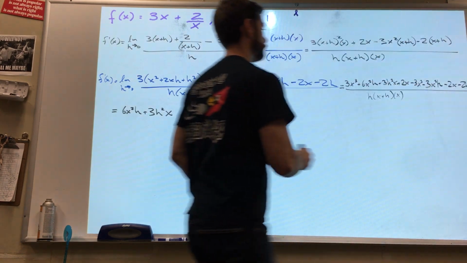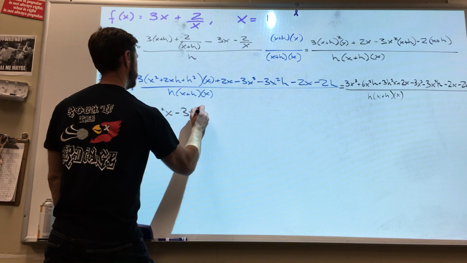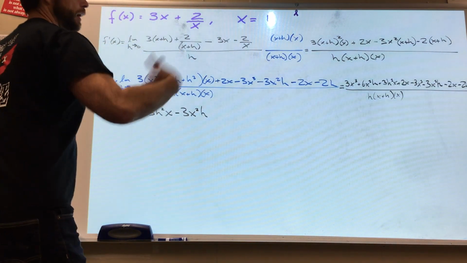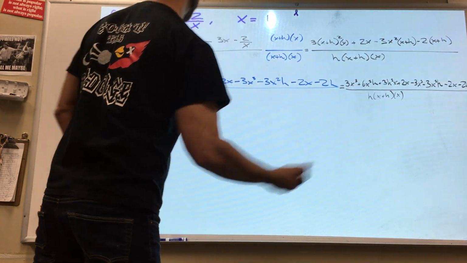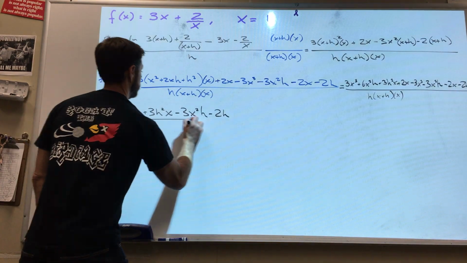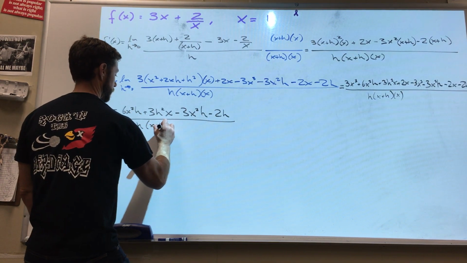I have a minus 3x squared h here. So I have a minus 3x squared h, which is nice because those will combine. I got rid of my 2x and I have a minus 2h. See, that shrunk up a lot, didn't it?